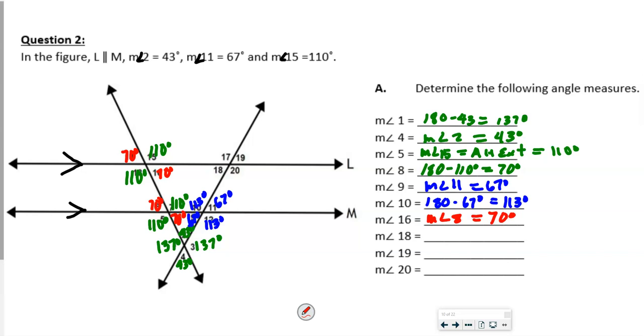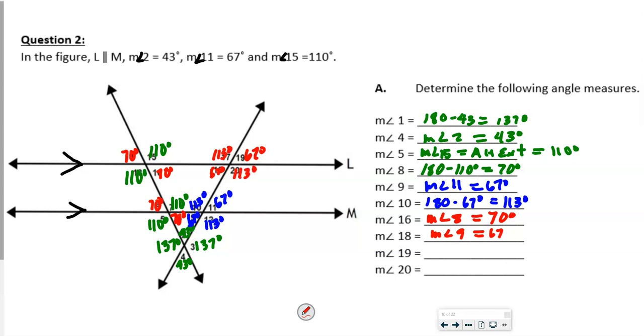And then 18. So if I'm looking at 18, it's the same as 9. It's equal to the measure of angle 9, which was 67. So that's 67 right there, which means that's 67. That would make this 113 and this 113.